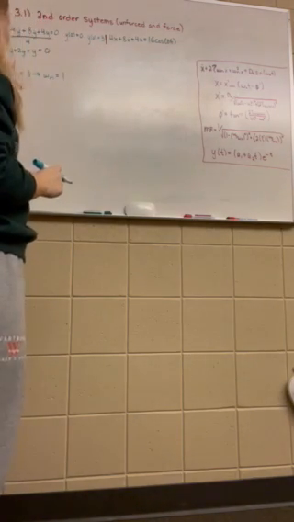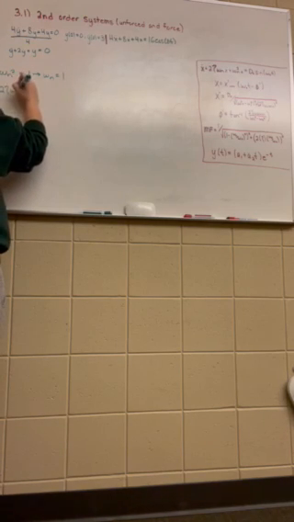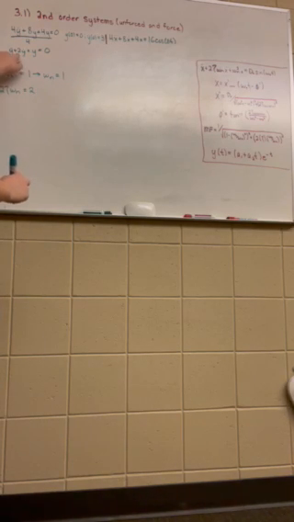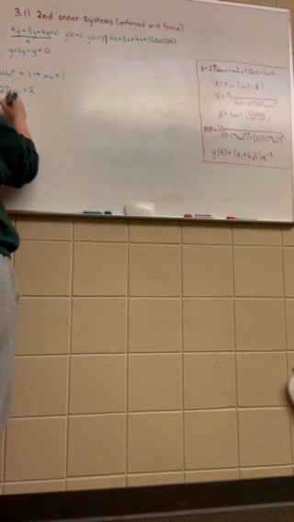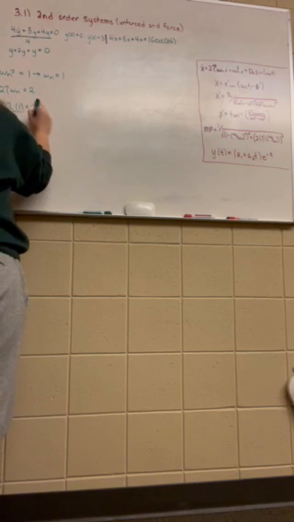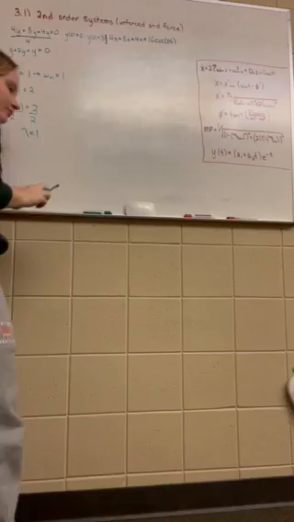And then we can also do the same thing to find the damping coefficient using our omega n. So 2 times the damping coefficient times omega n equals 2. And that is from our 2 right here accompanied with the y dot. And then 2 times the damping coefficient times 1 equals 2. Divide by 2 both sides. And your damping coefficient equals 1.